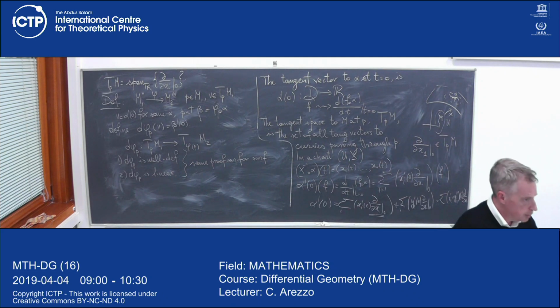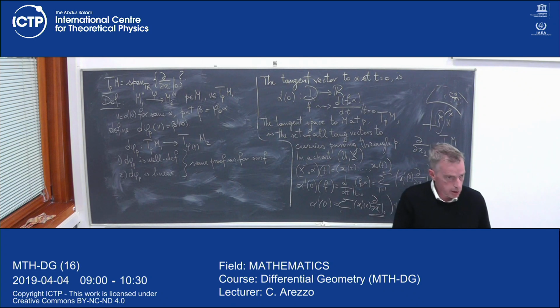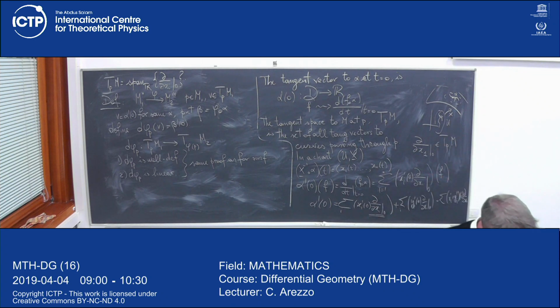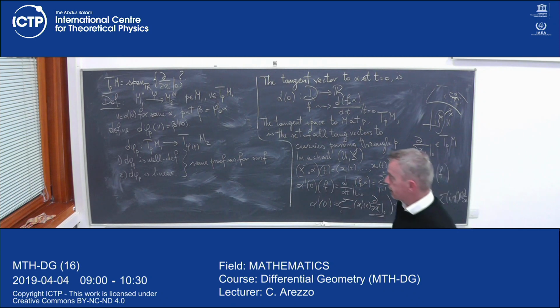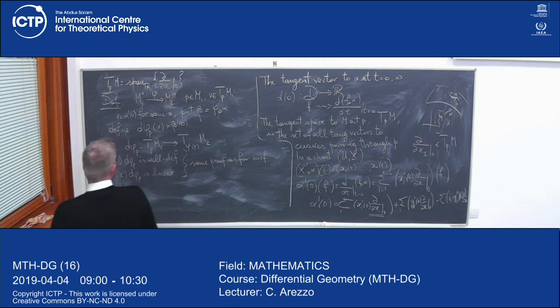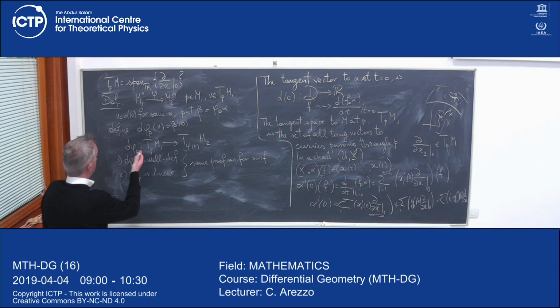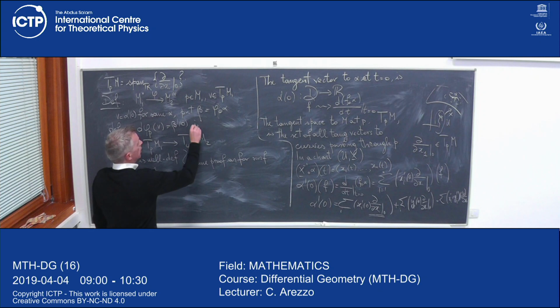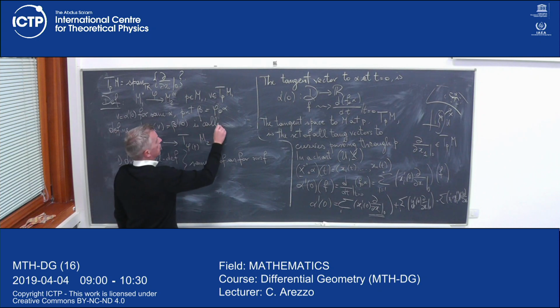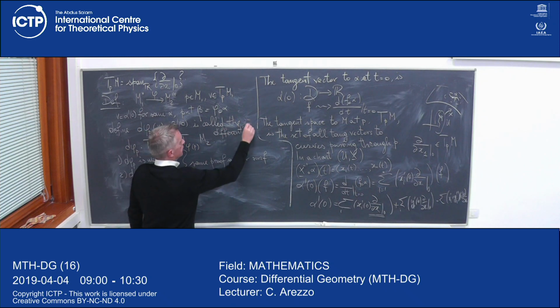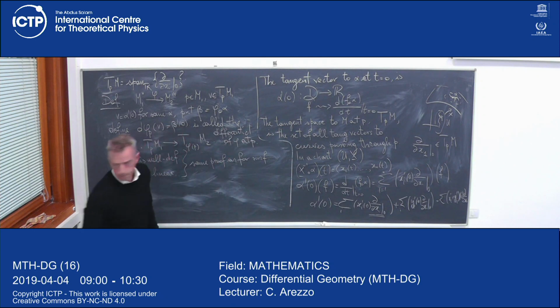That's what we did. There is nothing new, it's just you have a bit more indices. Out of this, what we gain is, I just forgot to say how we call it, this is called the differential of phi at p.